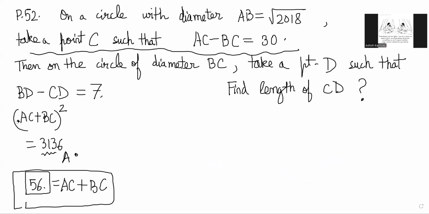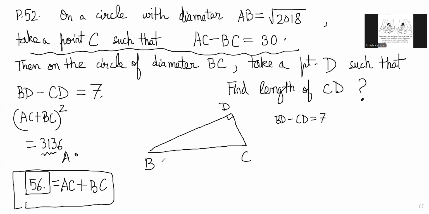Just draw a new figure with diameter being BC, and there is a right angle triangle again. This is my D. BD minus CD is 7. What else do we know? We know BD square plus CD square will be equal to BC square, which is 169.